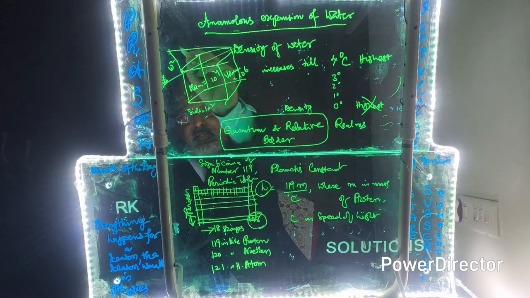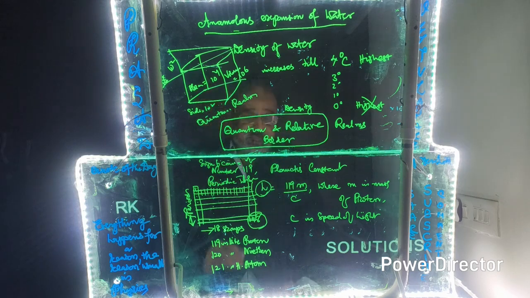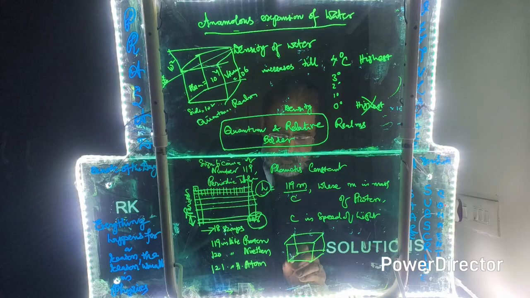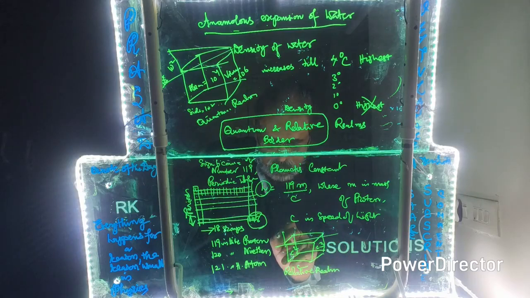this is basically the quantum world. Quantum, let's say. And similarly, there is this relative realm where this is c, this is c square, c cube is this, and we take another c, and this becomes c4, right?